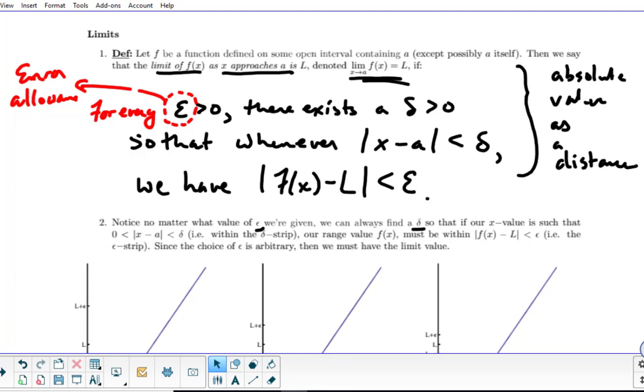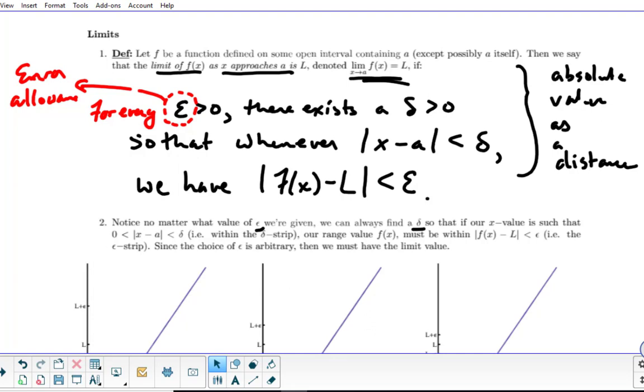They say, I want you to be within 0.1 of the true answer of the limit, and you say, fine, as long as you get your x value within 0.003 of a, you'll guarantee to be within your error tolerance. We just did that for one case. What does the definition say? We have to be able to do that regardless of what error tolerance we're given, regardless of what epsilon value we're given. It has to hold for all of them that you're able to do this.